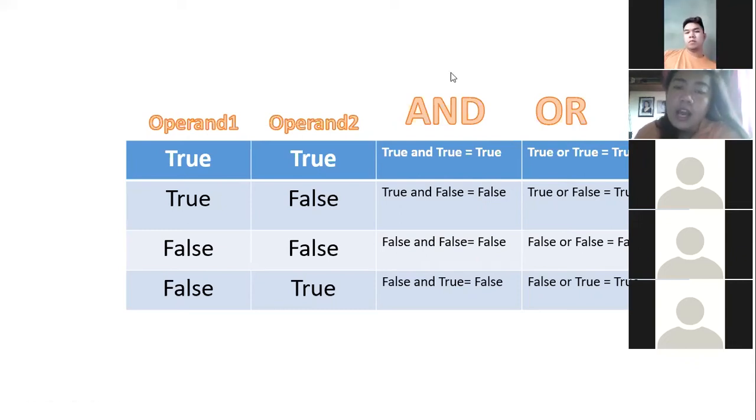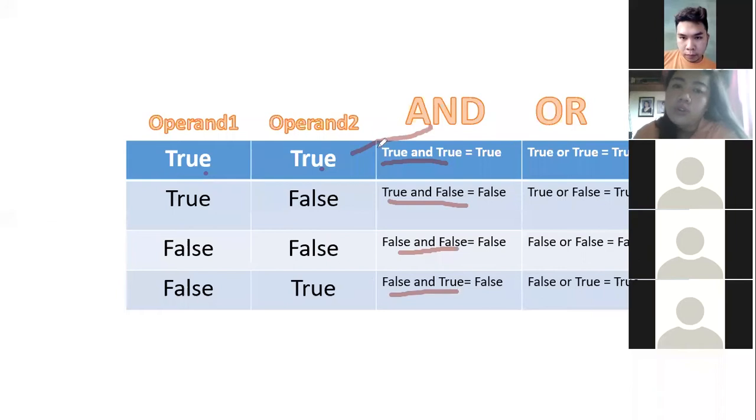And then, ang operators mo is either and or or. So, if we have true and true, ito yon. If we have true and false, ito yon. False and false, and false and true.